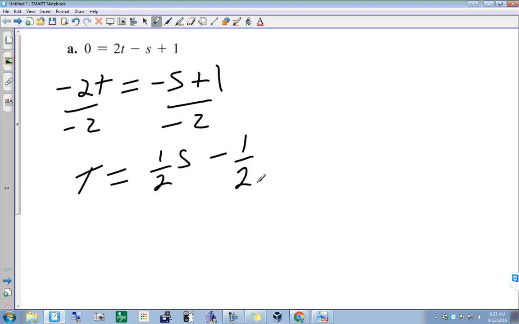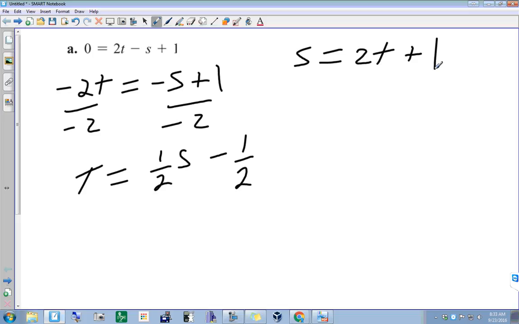Is that a linear equation? In this case, is t a function of s? The answer would be yes, because t depends upon what s is. Let's try it the other way around. I end up here with s is equal to 2t plus 1, right?